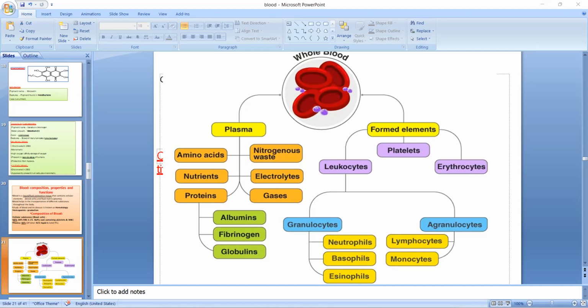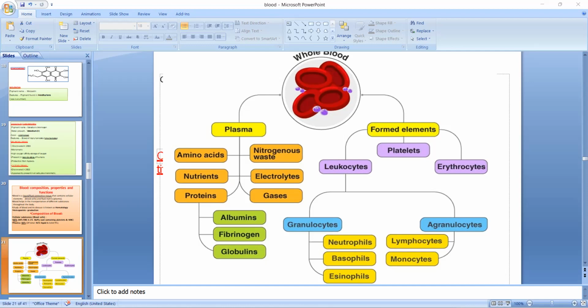Inorganic components include nitrogenous waste and electrolytes. What are the electrolytes of blood? Sodium, potassium, chlorides. These three are generally regarded as electrolytes, without which no life exists. Respiratory gases are also seen.